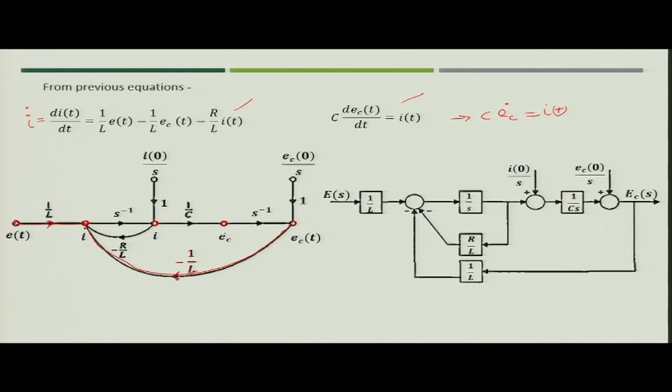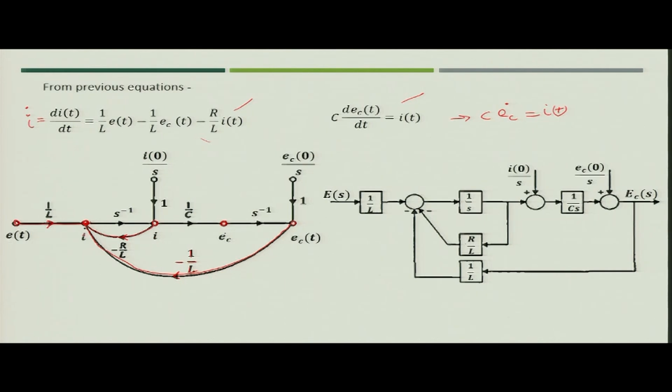Now, third is I. I is connected to di/dt with minus R/L as a gain. So, you connect I with I dot with the gain equal to minus R/L. So, what have you got now? You have got the equation connected to this particular node.